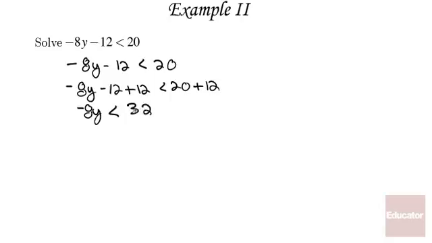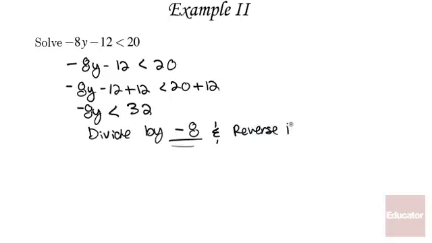Now, my next step is to divide both sides by negative 8. This is a negative number. So I also have to, at the same time, reverse the inequality symbol. Because if I don't, I won't get the correct solution set.